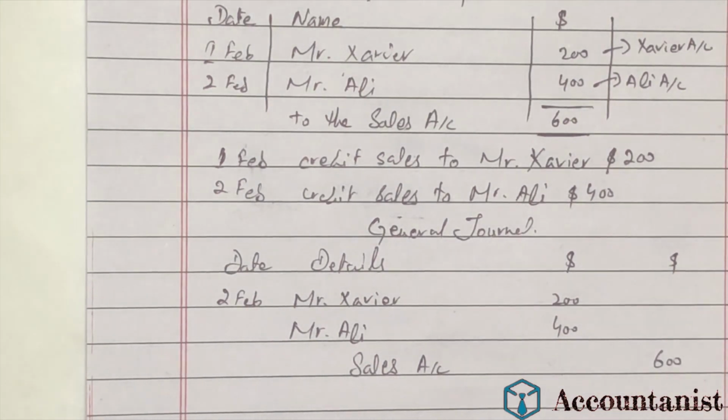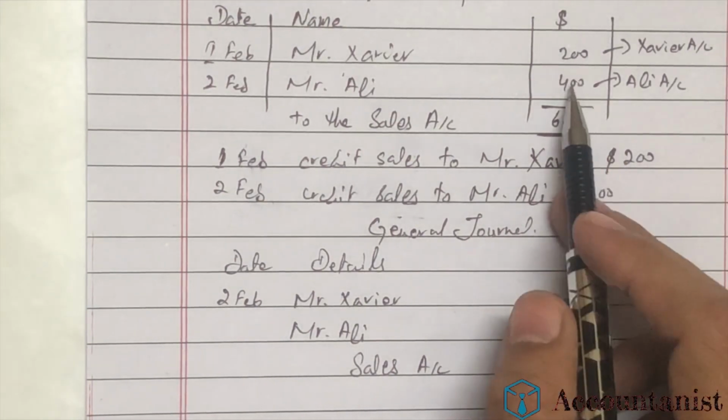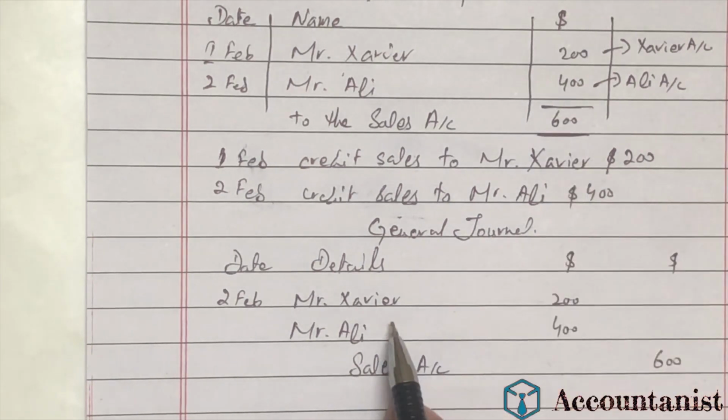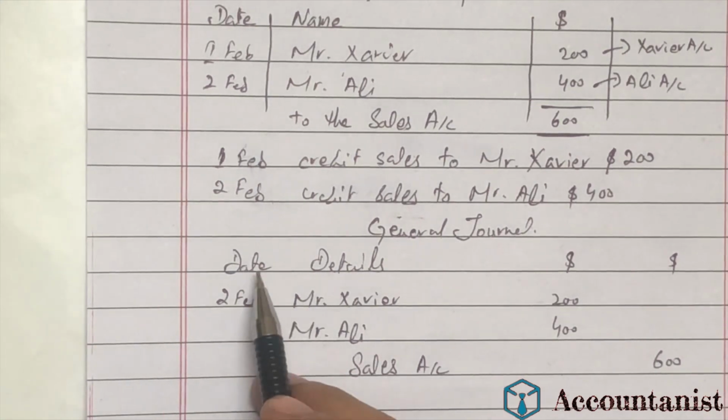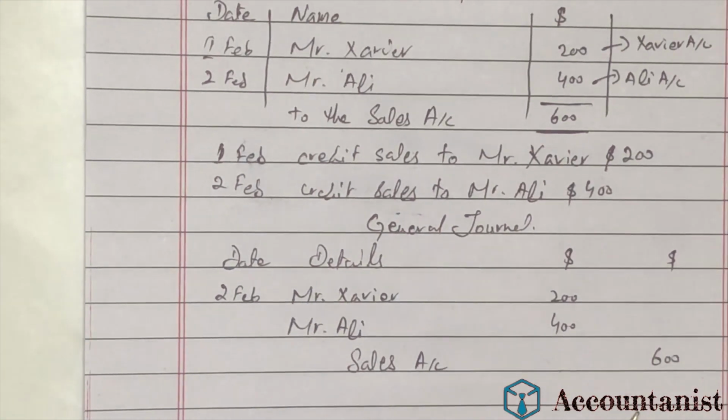So this will be the entry that we make to transfer this total into the sales account, and these two, Xavier and Ali accounts, into their individual ledger accounts. So this will be the daybook format.